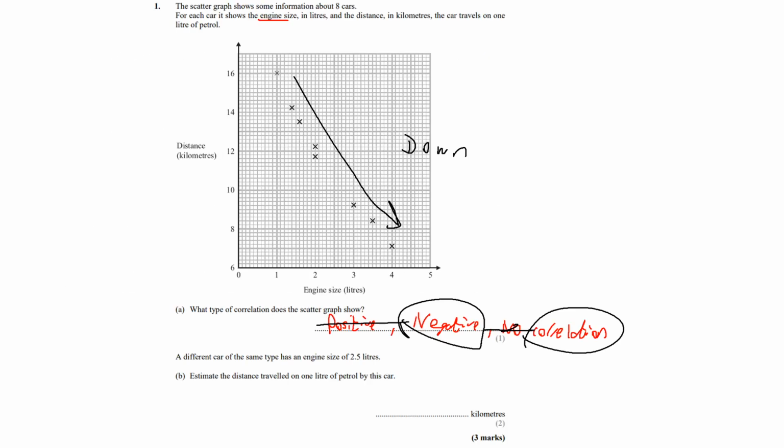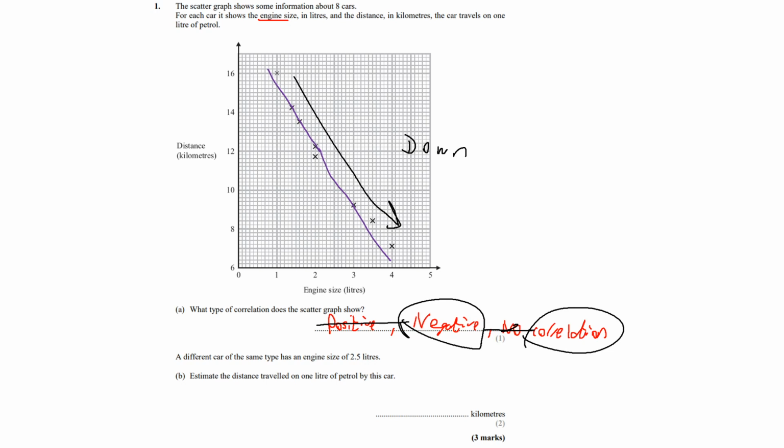I think these two look linear enough. So I'm going to connect these 3, right? And then as you can see, there are 2 on each side. So I can safely say that this is a line of best fit. It's not straight, but I'm using keyboard and mouse. You're going to have a ruler.